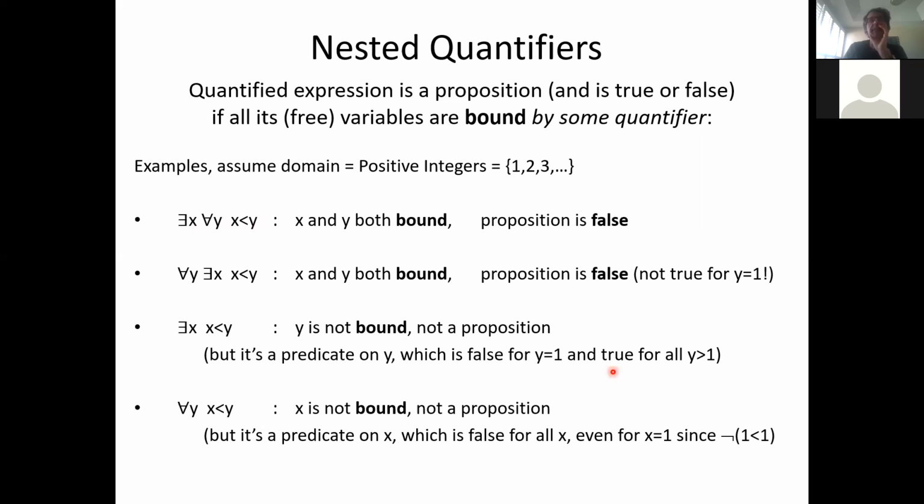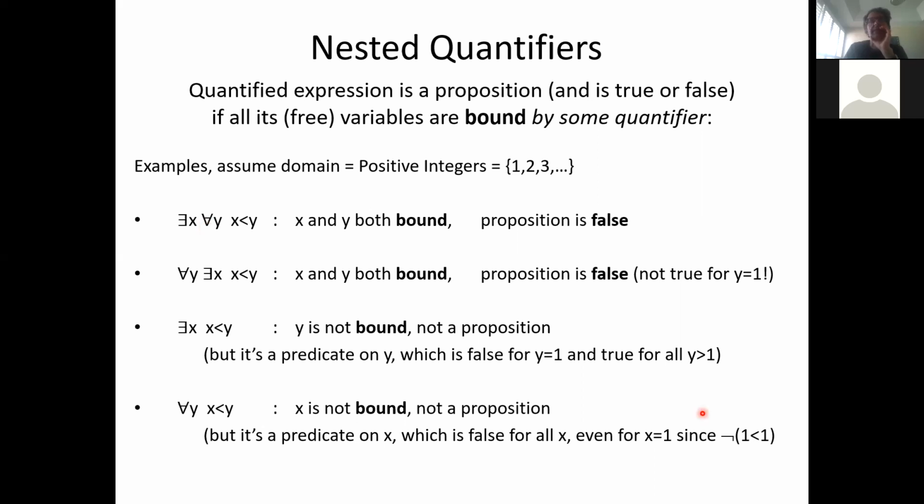Okay, so somebody says, let's take x equals 1 and make y equal 1. Yes, this makes this false, but it makes it false for a particular x. I want you to show that this part is false for all x. Doesn't matter what x is. Good.